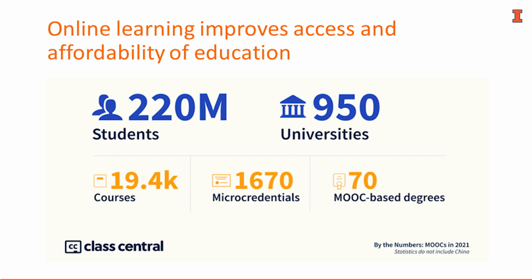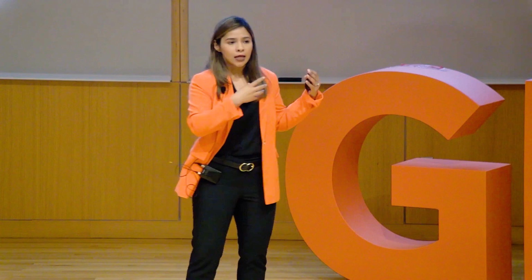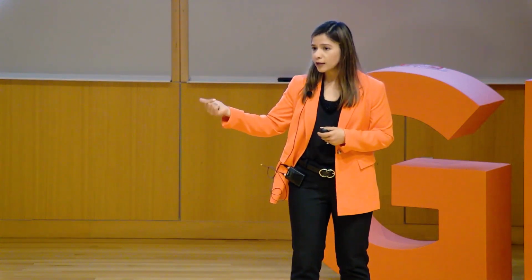So they do reach 220 million students around the world, 950 universities, 20,000 courses, but at the same time, the impact hasn't reached its full potential because these MOOCs, or massive open online courses that started in 2012, are still facing challenges of low engagement and credentialing.